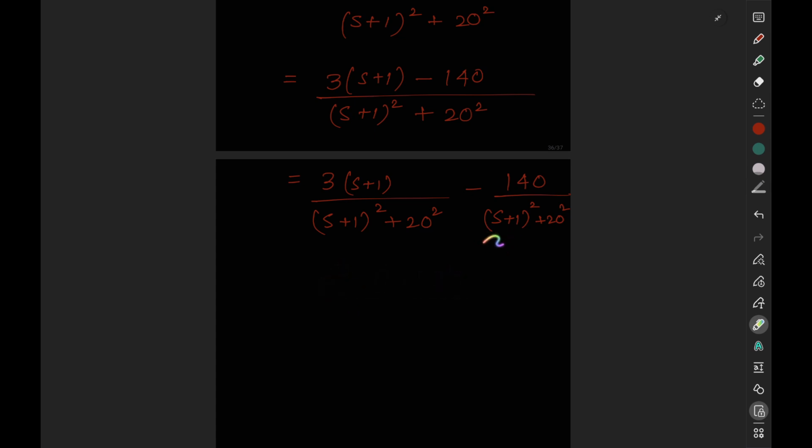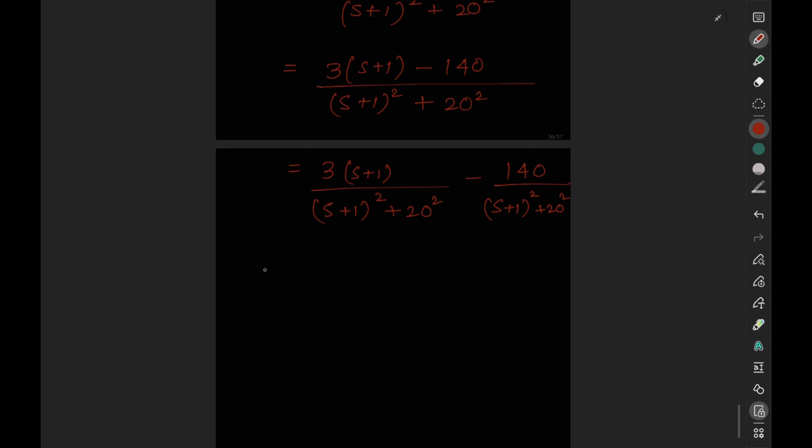And for the second one, we have to keep 20 in the numerator so that it is converted to the form Laplace of sine 20t. So we can further write this as 3 times s plus 1 upon s plus 1 whole square plus 20 square minus 7 into 20 upon s plus 1 whole square plus 20 square.